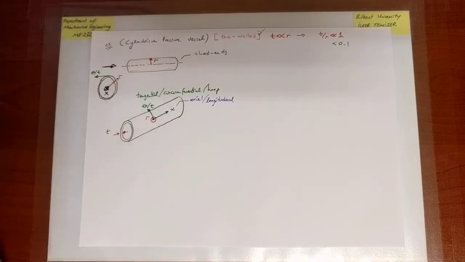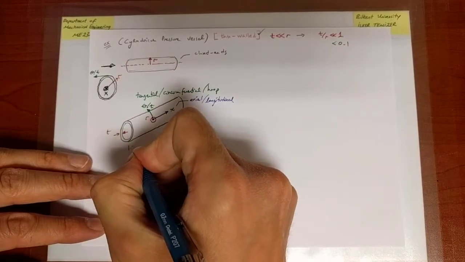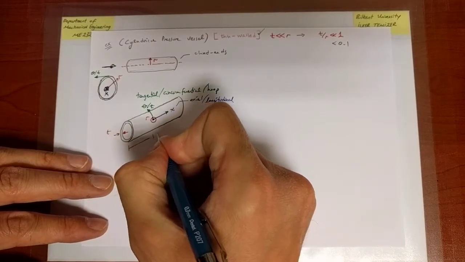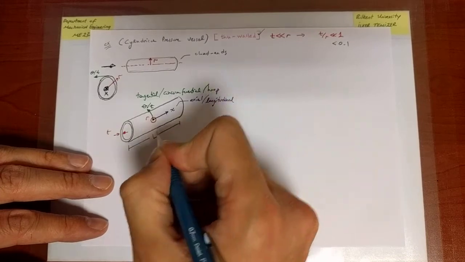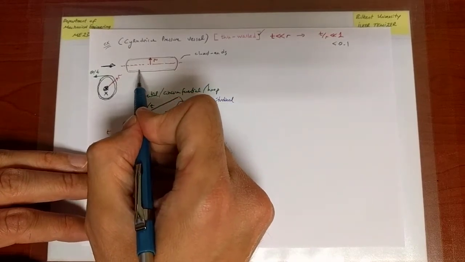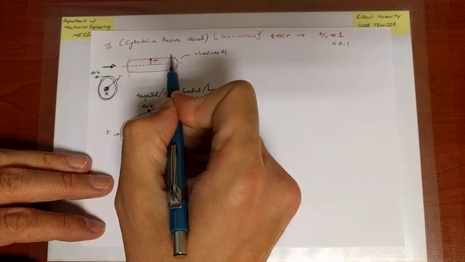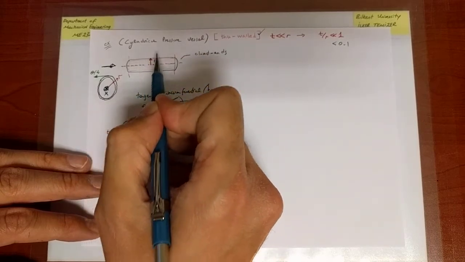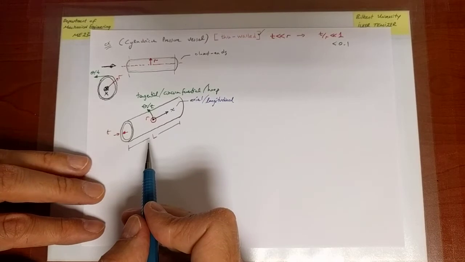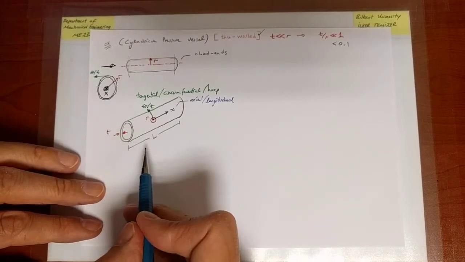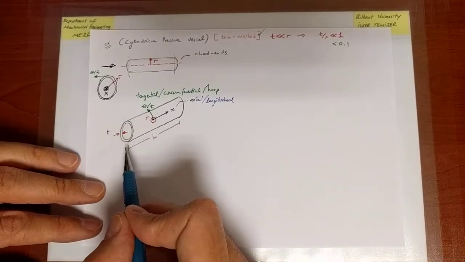Okay, so now that we have some information about the geometry, let me also give a length to this piece of the vessel that I am analyzing. L could be just the cylindrical portion's length in this picture, or for that matter, any length that I'm going to cut away from that cylinder, the vessel.